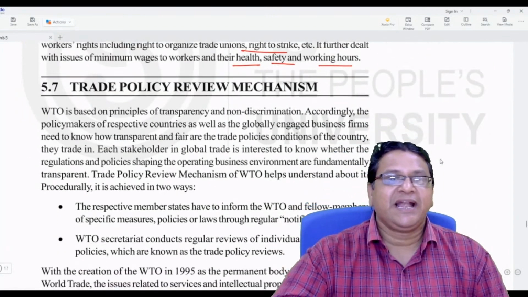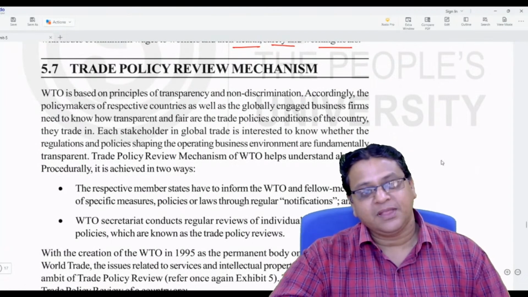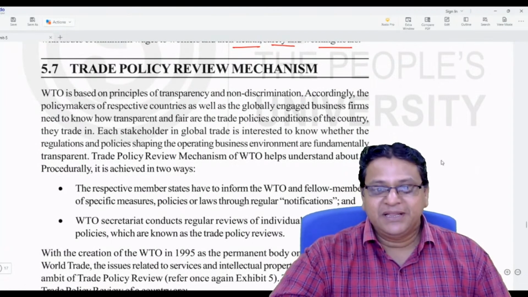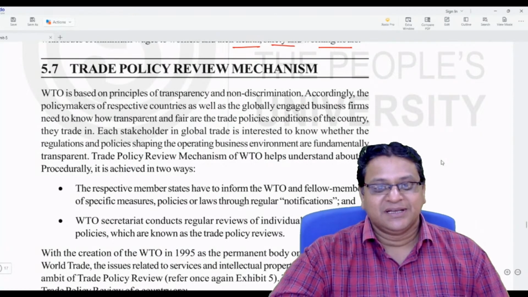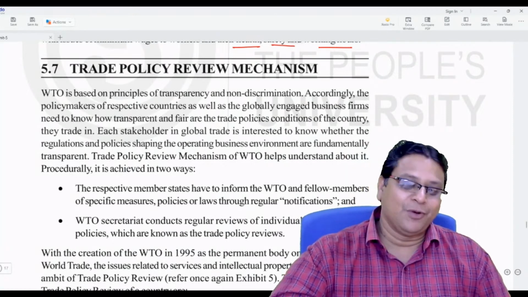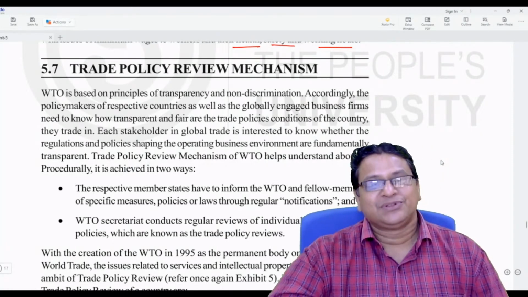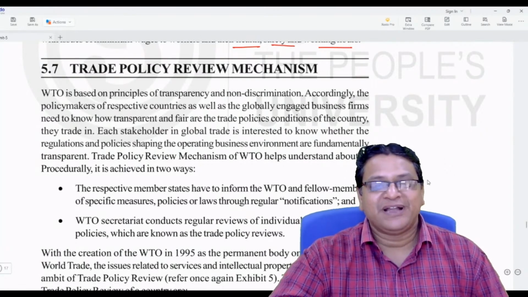Next one is trade policy review. I have told that there is a committee known as the Trade Policy Review Committee within the WTO, and it reviews the trade policies of different countries.